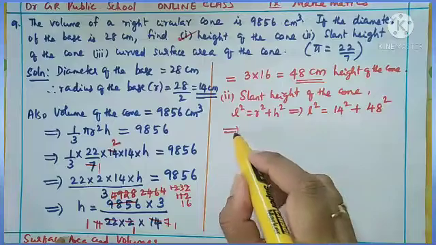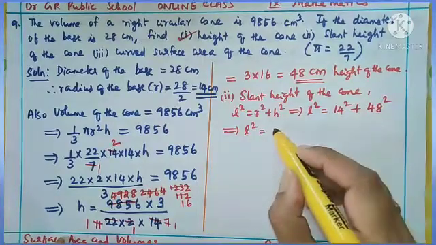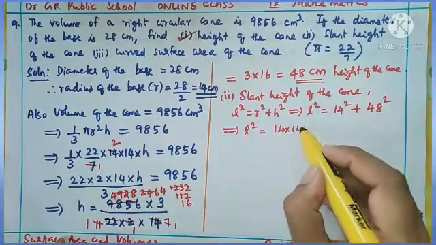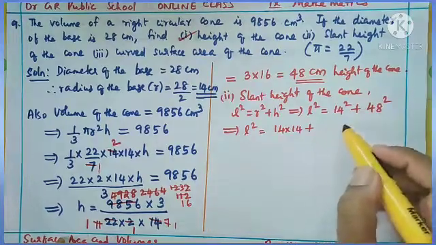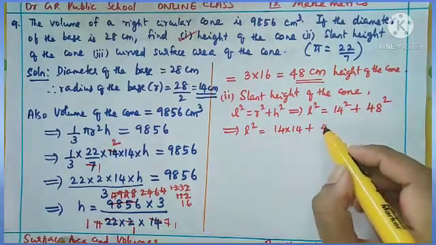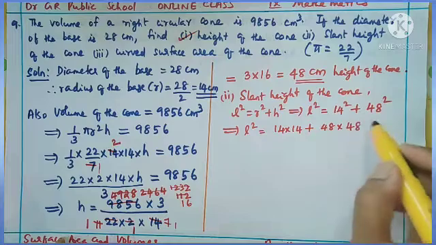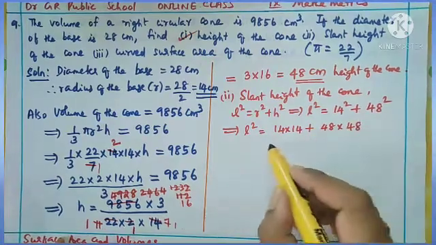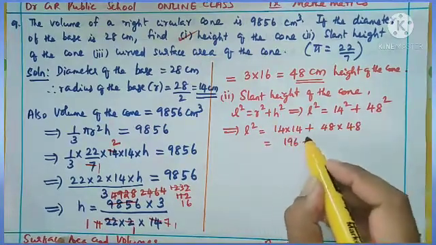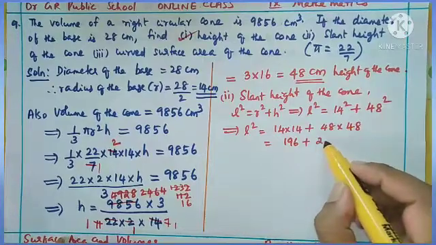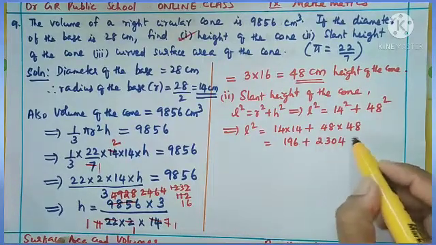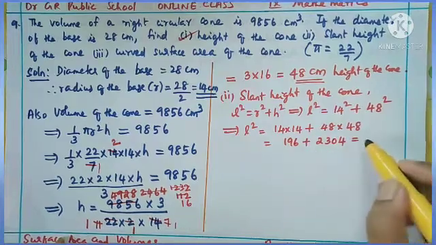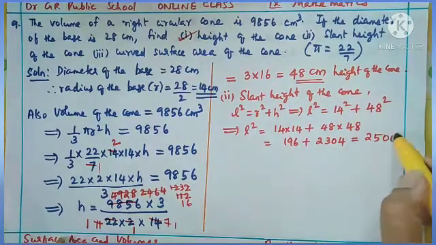So that implies L square is equal to 14 square means 14 into 14, 48 square means 48 into 48. Okay. So when you find this, you will get 196 plus 2304. When you add these two answers, you will get 2500.